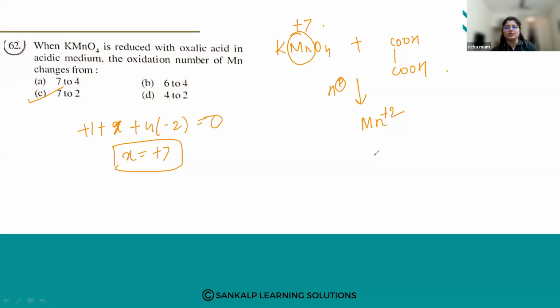So when KMnO4 reacts with oxalic acid, your Mn, which is in +7 state, changes to +2. Yes, understood?